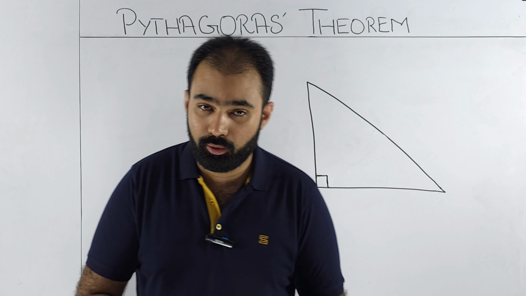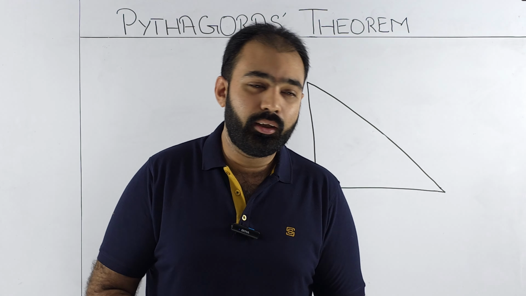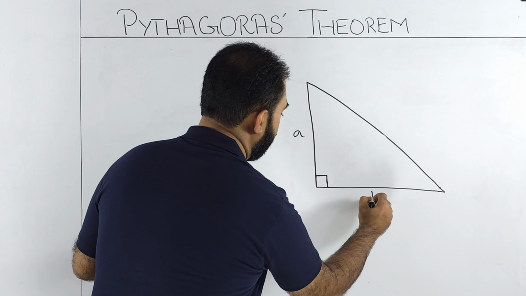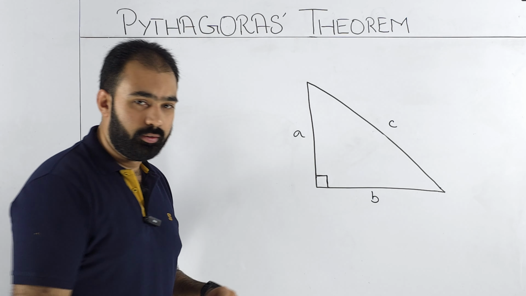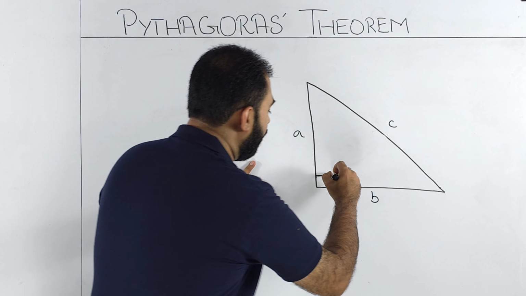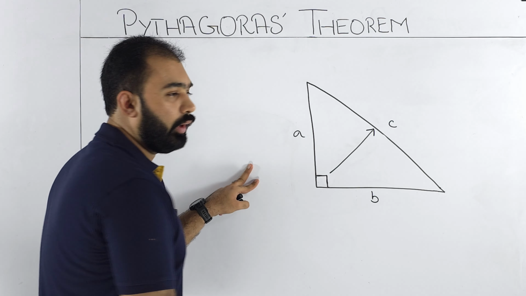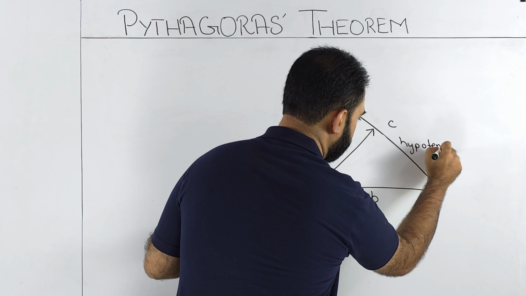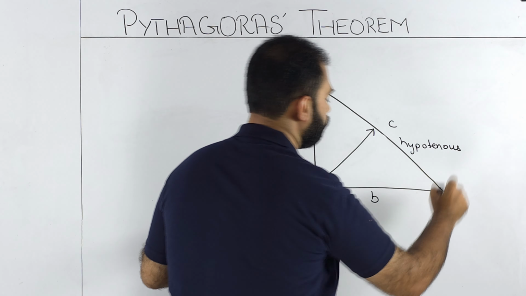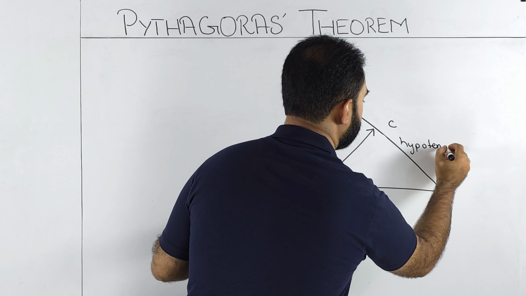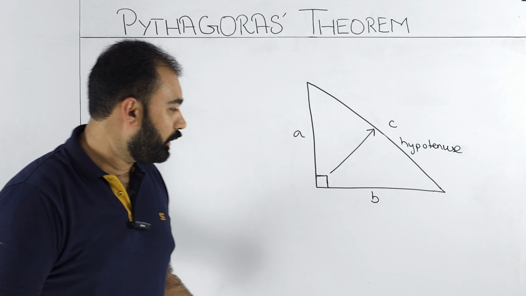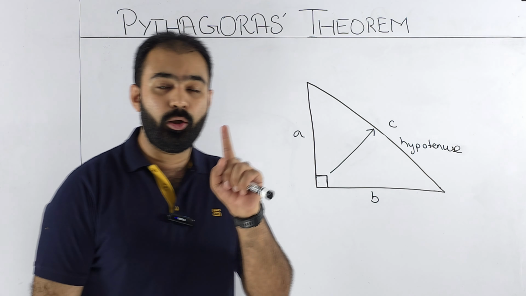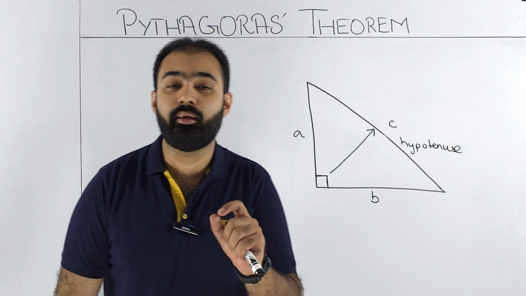Now, what is Pythagoras theorem? What does Pythagoras theorem state? Suppose I have a right angle triangle. Let's say this is length A, this is length B, and this is length C. The length opposite to the 90-degree angle is called hypotenuse, and this is the longest length in a right angle triangle.